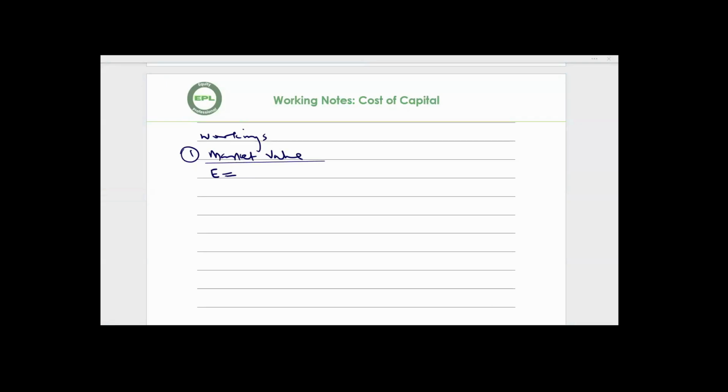You are not given number of shares. So you are going to convert the share capital to a number of shares, then multiply by the XD share price. We have done this previously under the traditional WACC. So here will be share capital divided by nominal value, multiplied by share price.